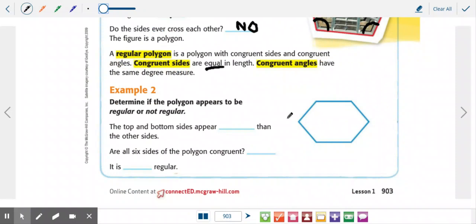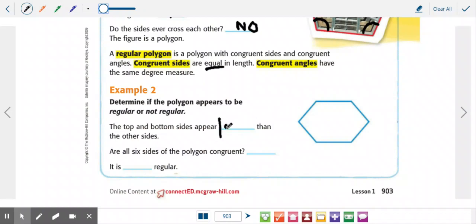All right, so we're going to look at now this polygon, and we're going to answer some questions here. We want to know if it's regular or not regular. So looking at this again, the top and bottom sides appear longer than the other sides. So if I look at this and this compared to this and this, it appears larger to me, or longer.